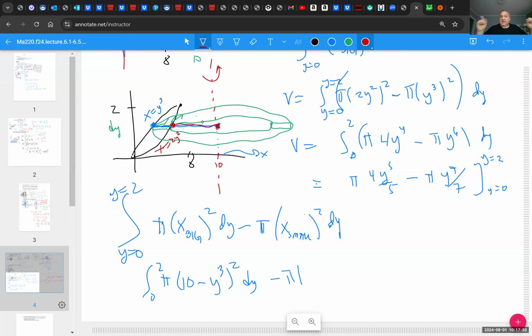So we need to find that distance from 10 to that function, x equals 2y squared. How do you find the distance? Well, you subtract the big one minus the small one, which is going to be 10 minus 2y squared. And then our thickness is dy. And there you go. That's the integral to find the volume of this thing, which was revolved around x equals 10.